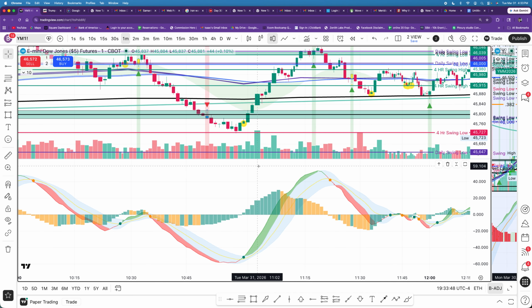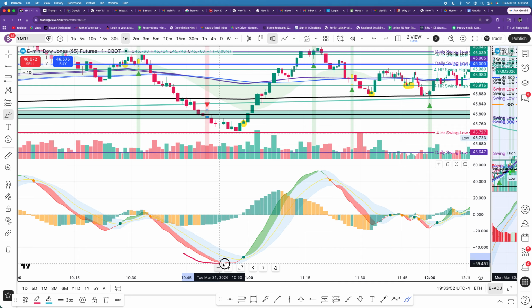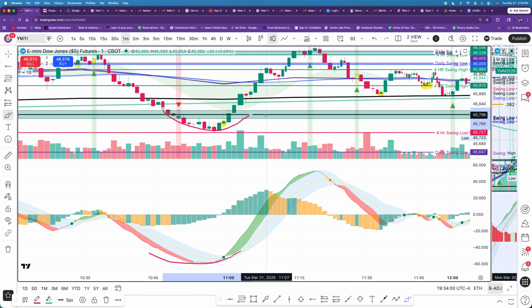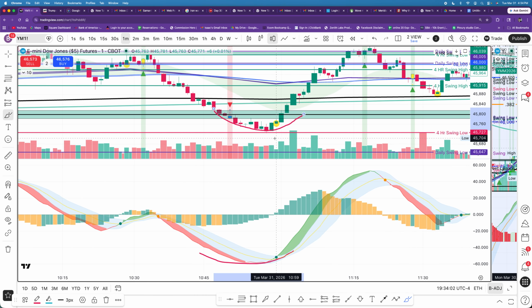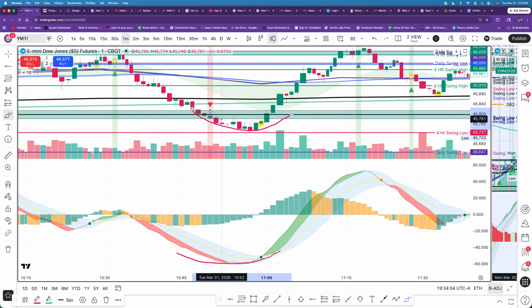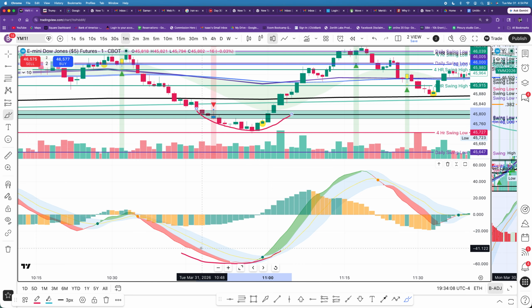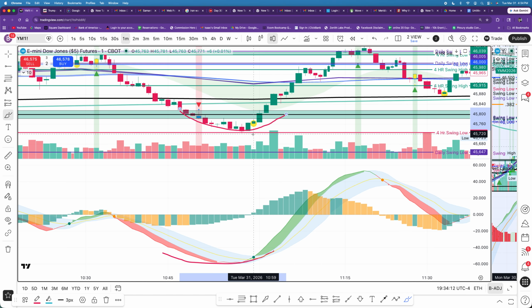Now you can see the MACD hooks right here. Nice little hook right there. You can see that coincides with the hook right off that 4 hour swing low. They match. That's what you're looking for. You're looking for where price comes down to one of your key support or resistance levels, and then you have a match with your MACD hook. That can give you the confidence.